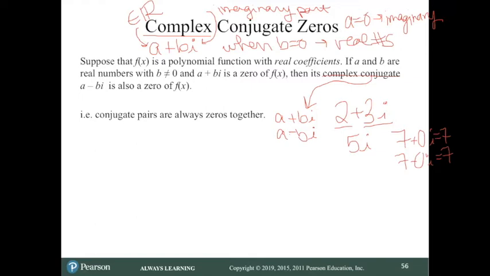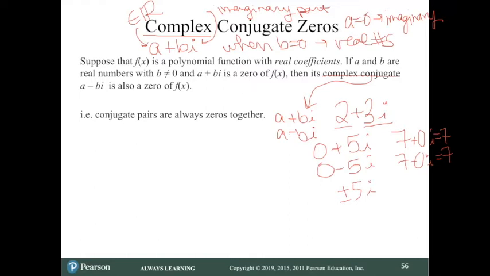It's not a complex non-real number. So when we're talking about complex conjugates, we're really just talking about complex non-real numbers, and that includes imaginary numbers. So I can write 5i as 0 plus 5i, which means its conjugate would be 0 minus 5i. We can write that as plus or minus 5i.